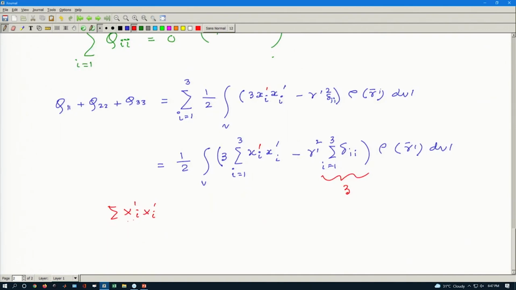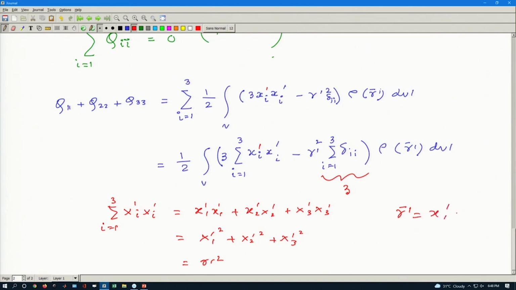So, x_i prime times x_i prime, i from 1 to 3, is simply x1 prime square plus x2 prime square plus x3 prime square, which is nothing but r prime square, because r prime is x1 prime x unit vector plus x2 prime y unit vector plus x3 prime z unit vector.